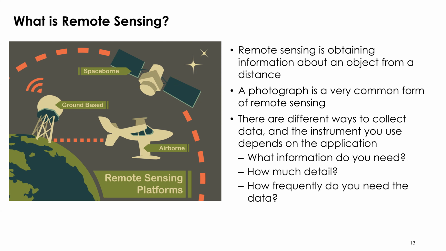And there's different information you need to know about whatever the thing is you want to study. So you need to know what exactly you need to collect, and you need to know how much detail you need. And then you need to know also how often do you need those data. So this is all information we can find out from the various sensors that we have aboard these satellites.